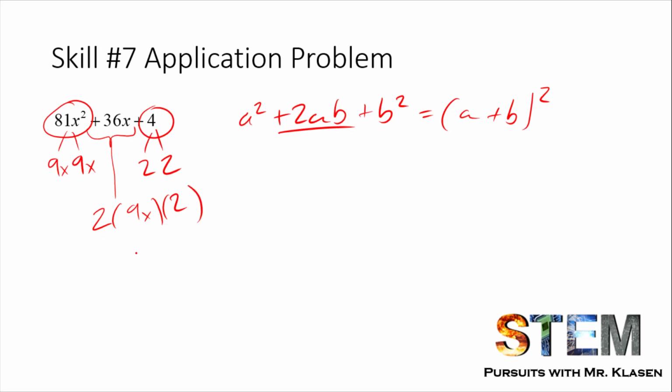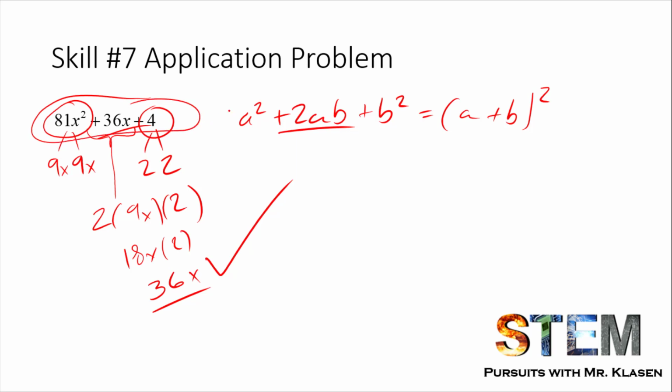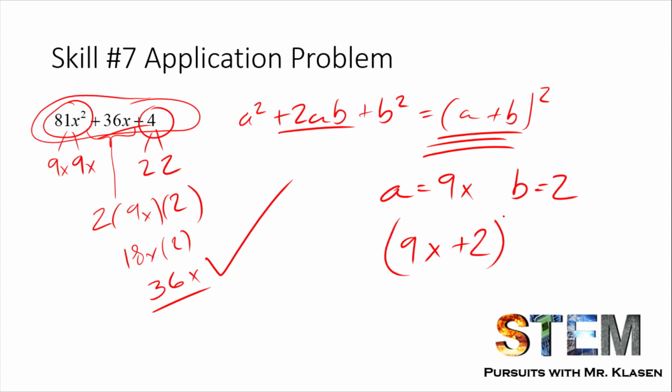And if we see that 2 times 9x is 18x times 2, and that equals 36x, and look, voila, this equals this. That means that this specific quadratic is a perfect trinomial, and that we can simply plug it into this format where a is equal to 9x and b is equal to 2. So all we need to say is 9x plus 2 squared is our solution. And this would be the answer, and you would be done.